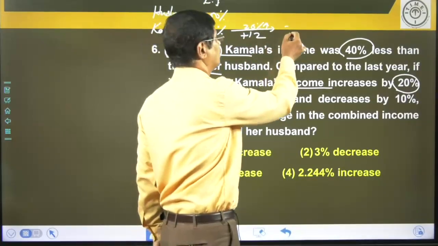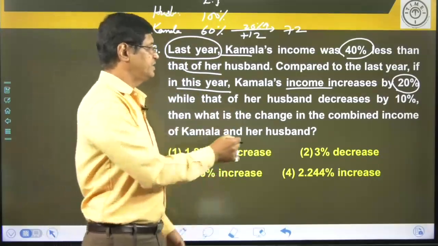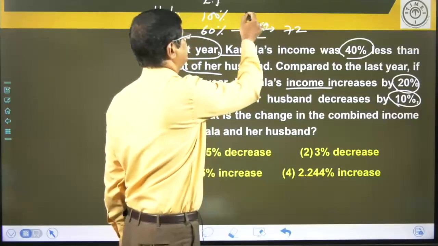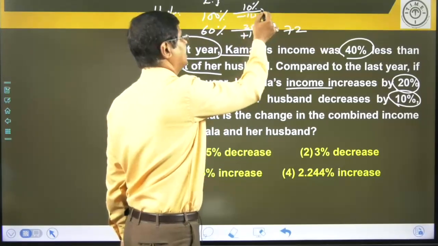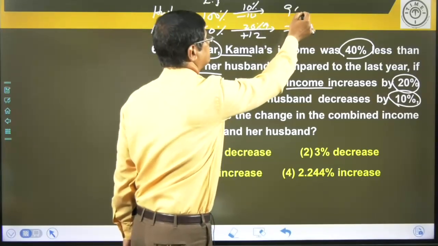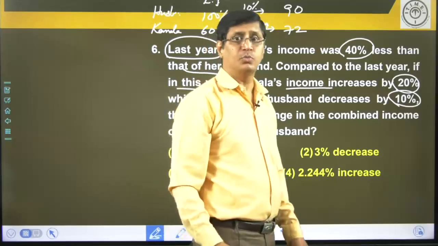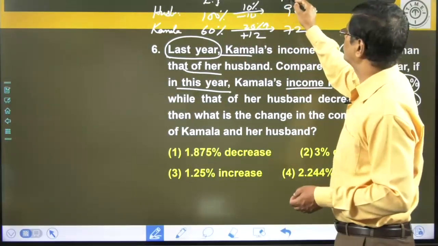Increase by 12, now it becomes 72. Whereas the husband's income decreased by 10%. Husband's income decreased by 10% means the value of 10% on 100 is 10. Decreased by 10 means becomes 90. What are this 90 and 72? Present incomes. These are the present values.